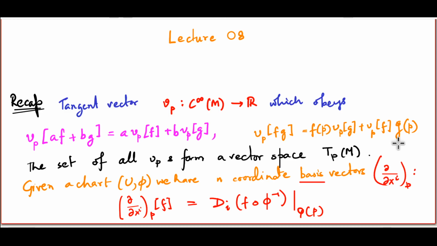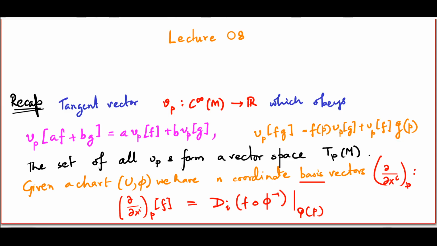Now, you must have noticed that I have underlined the word basis above in red, and there is a very good reason for that. The important point is we have not yet proven that the del xi p's actually form a basis. We have claimed that, and we have gone ahead and talked about certain properties which follow from that, but the proof of this has not really been given.